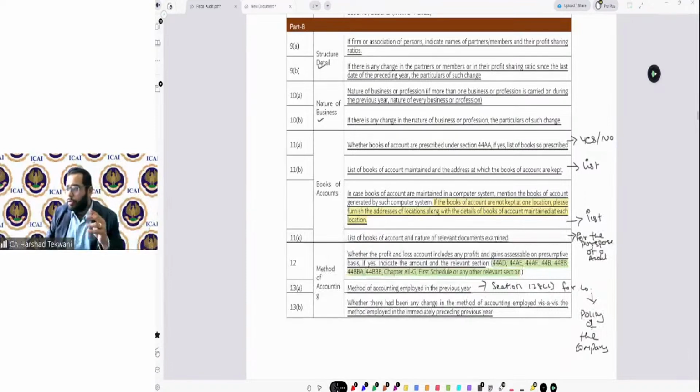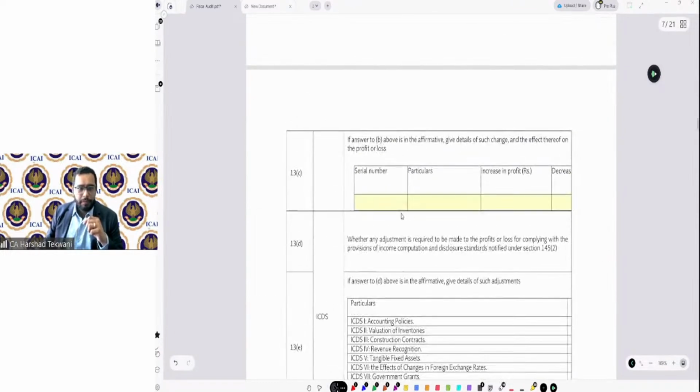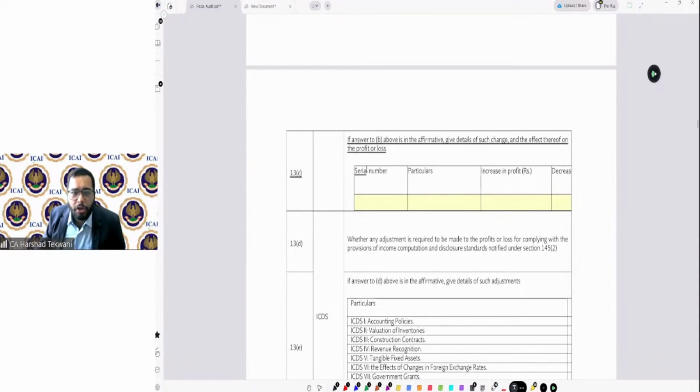Any doubt? No? Okay. Then 13C. If the answer to B is affirmative, details of such change and the effect thereof on the profit and loss account.